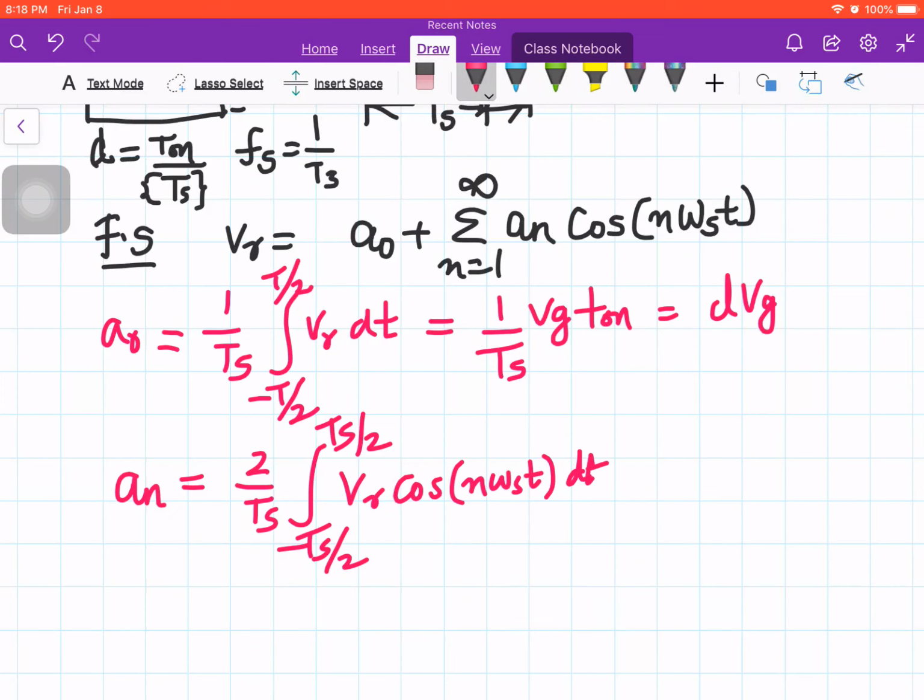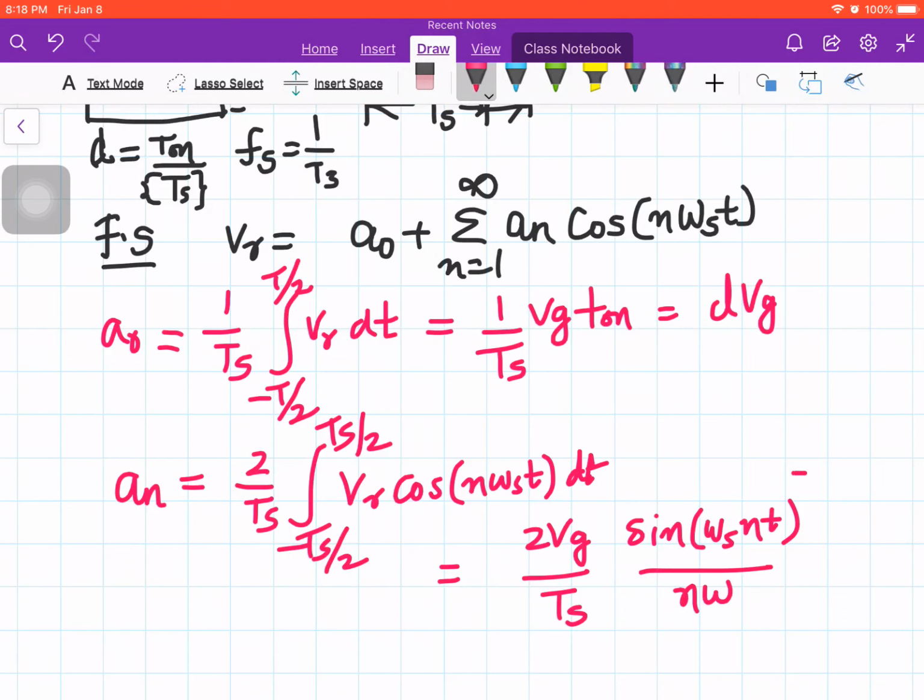Basically I will get this down to be, you can check these things, 2 Vg by Ts into sine of omega s n t divided by n omega. It's just the integration of cosine, and I'm applying the intervals where the signal is non-zero.